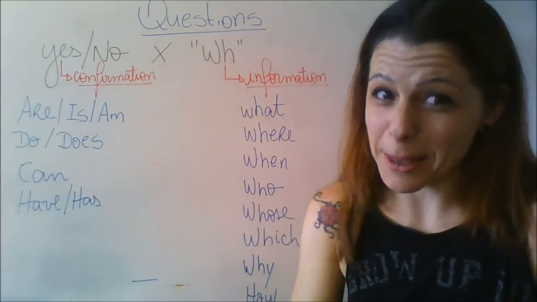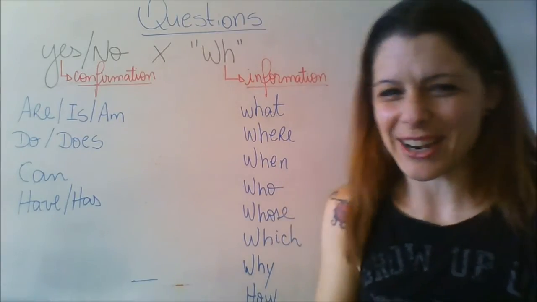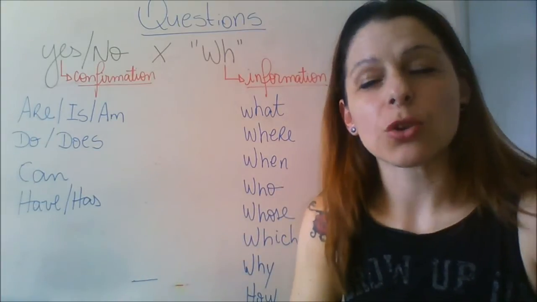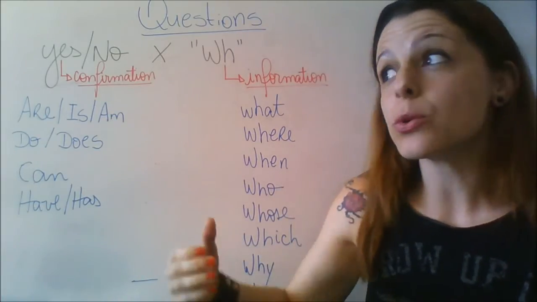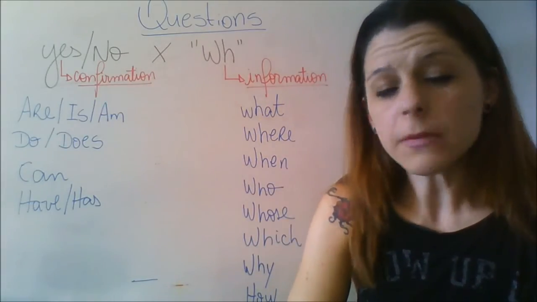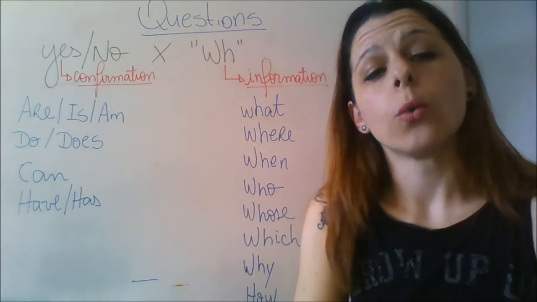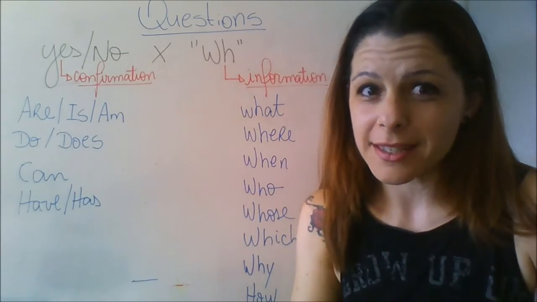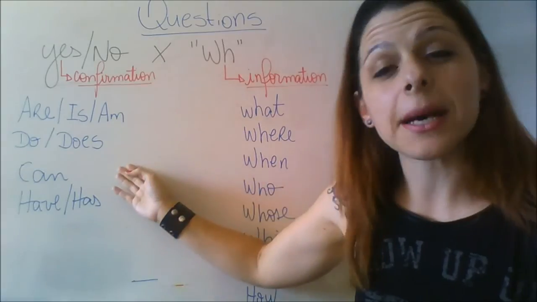I know it's simple, but there are some rules for that. Every time that we need to confirm something, that we have to use yes or no questions, you have to start with some specific words, okay? And here are some examples.